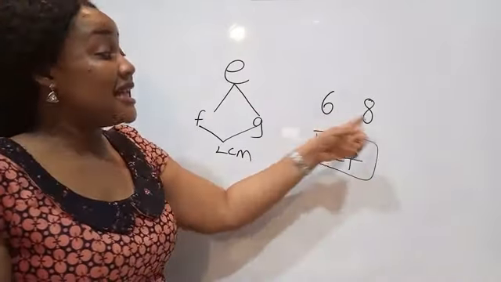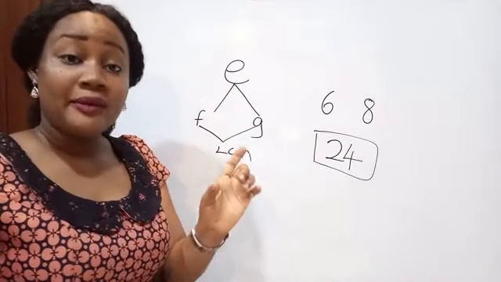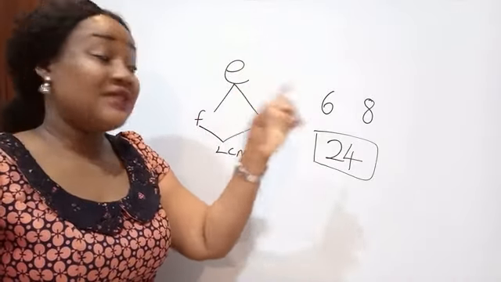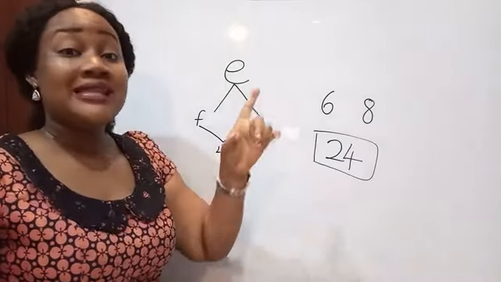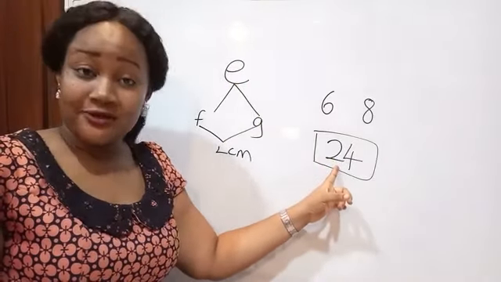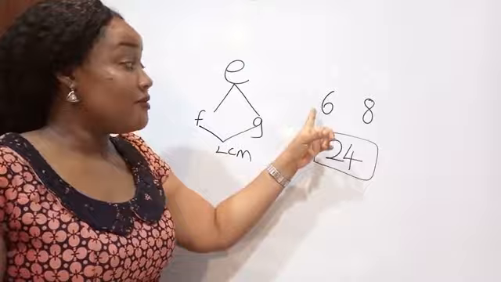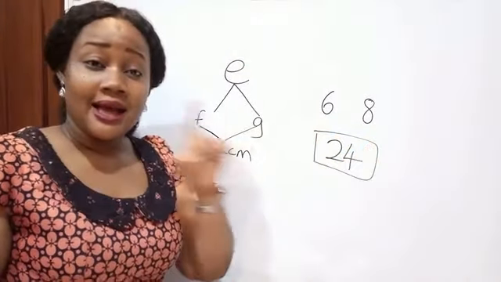Okay, so if 6 and 8 are factors of a bigger number, or if a number is divisible by 6 and 8, it means that that number is divisible by 24, because 24 is the LCM of 6 and 8. I hope that's clear.